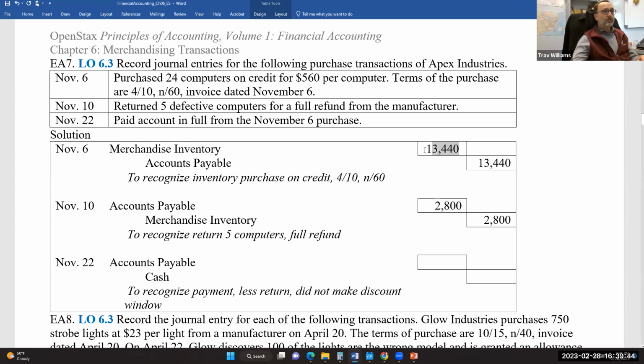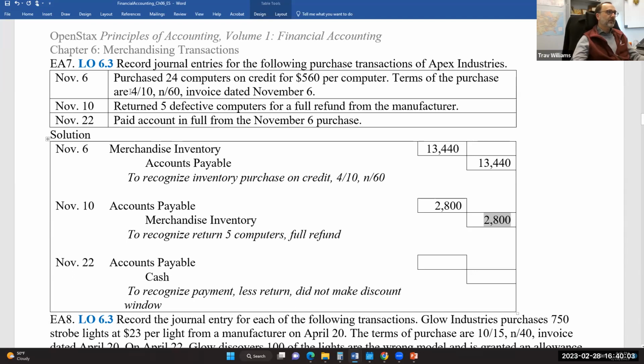From the purchase, our merchandise inventory went up, and from the return, our merchandise inventory goes down, because we don't have that inventory anymore. We gave it back. Then we paid the account in full.